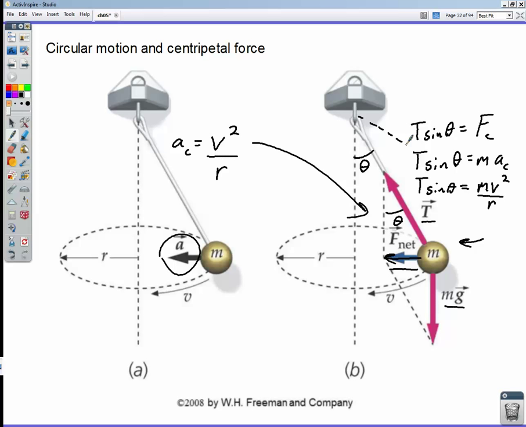So the question we need to ask ourselves when we're doing these problems is, what force or forces are supplying the centripetal force to make this object go in a circle? And that's where we're going to start all of our problems. All right? So that our F net is going to equal the centripetal force, which is going to equal mv squared over r. This needs to be our starting point for these types of problems.